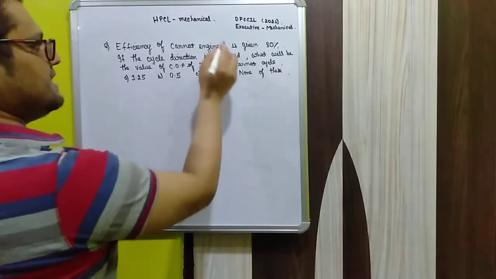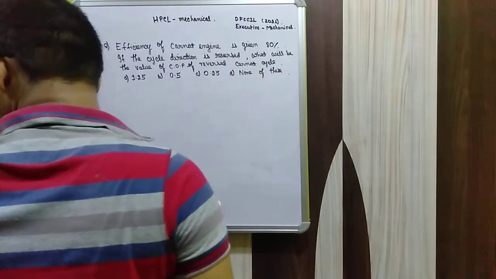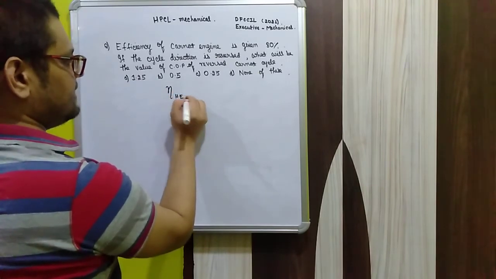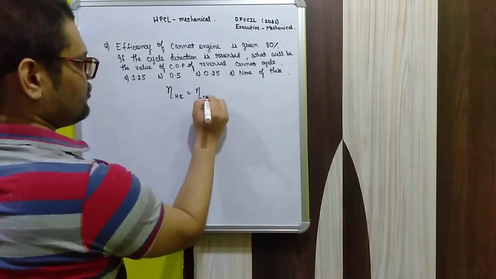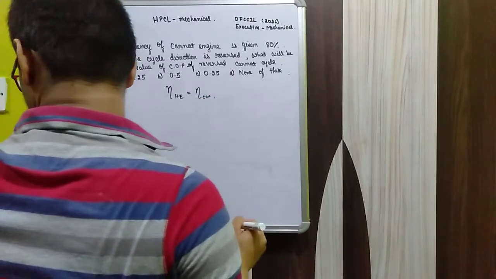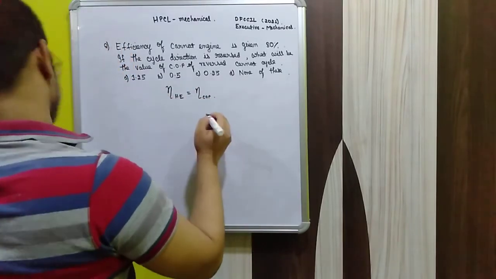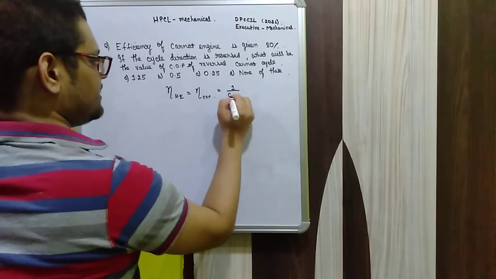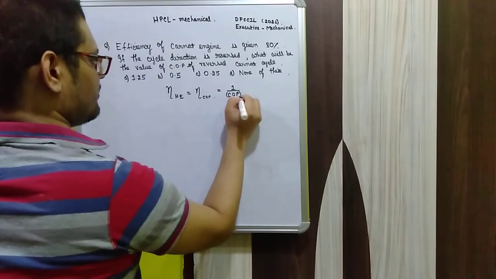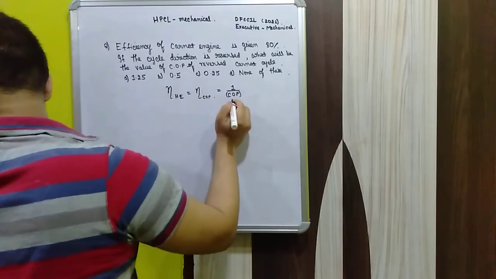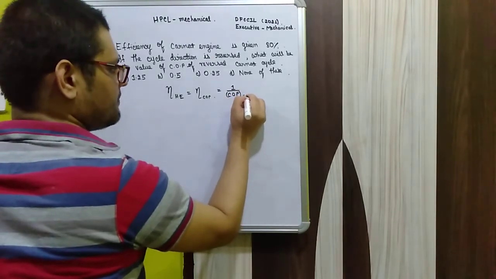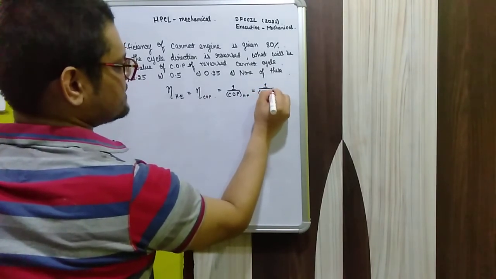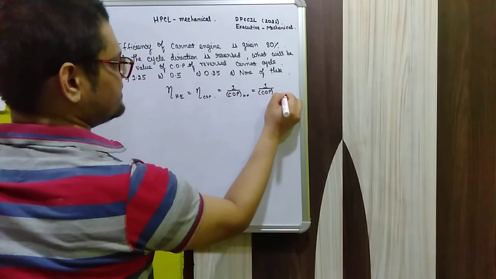So I can see the efficiency of the Carnot engine is given over here. The efficiency of the heat engine is related to the coefficient of performance. We just reverse this, so the coefficient of performance for a heat pump is equal to 1 by the coefficient of performance for the Carnot engine.